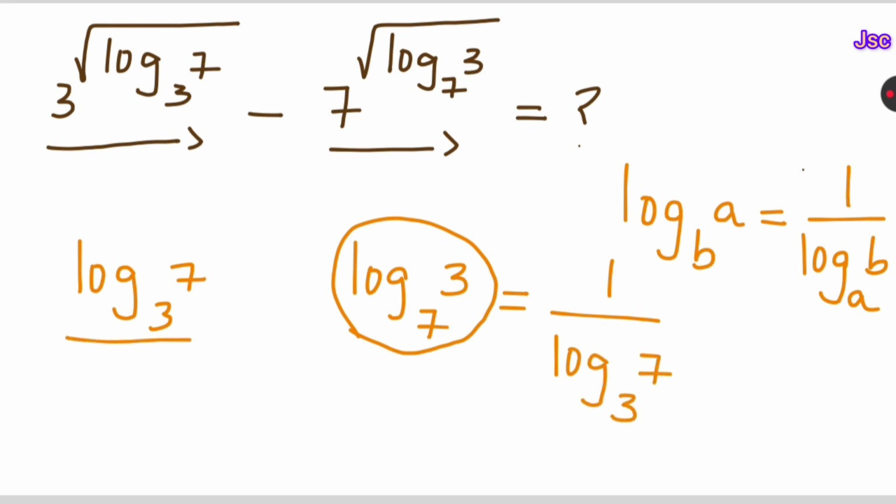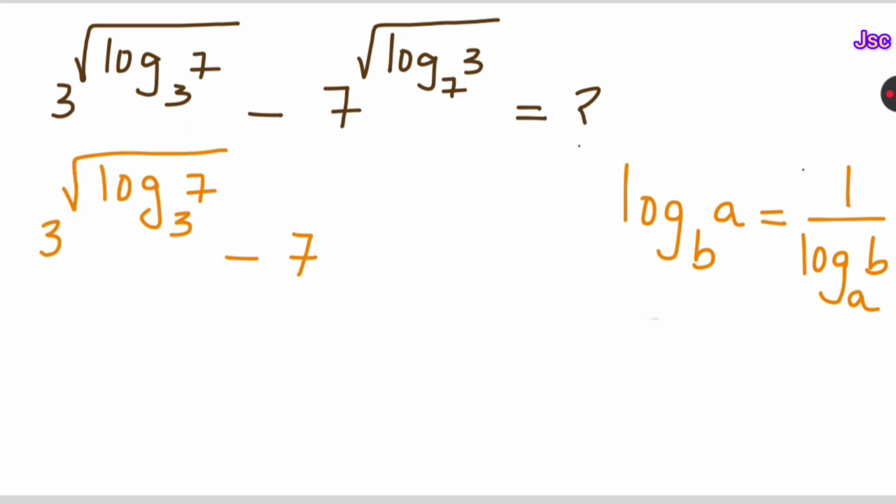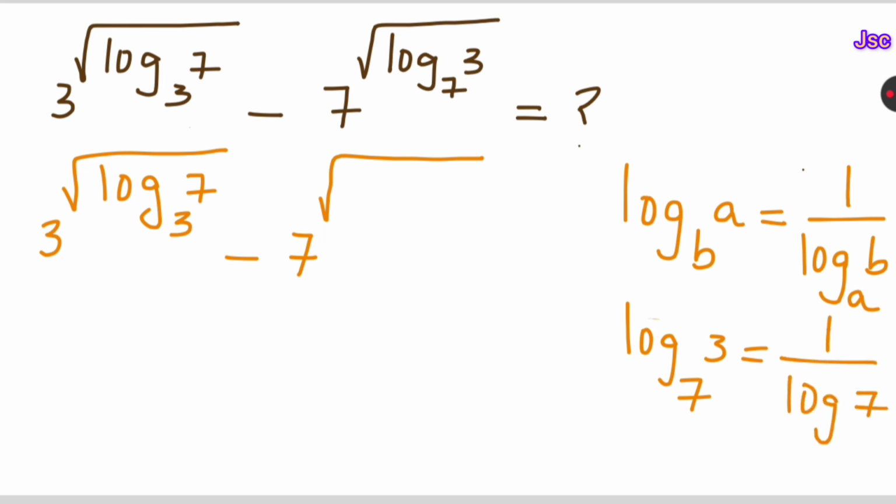The first exponent, which has log 7 with base 3, and the second exponent, log 7 with base 3, are the same. 7 is raised to the power of the square root of, I converted log 3 with base 7 using this formula, 1 over log 7 with base 3.